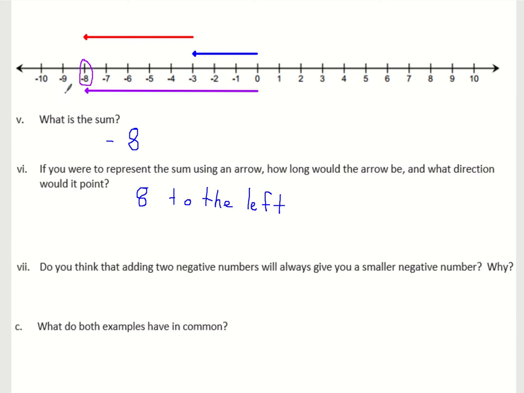So we should still keep those in mind as we look at this question, which asks, hey, do you think that adding two negative numbers will always give you a smaller negative number? AKA, do you think it's always going to be even further to the left? And, well, think about it.